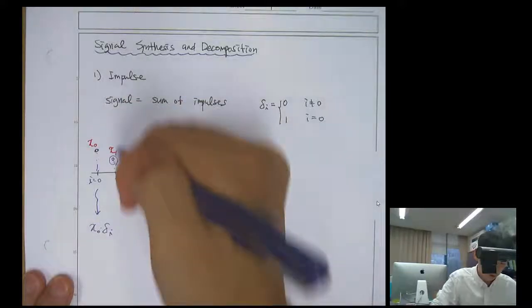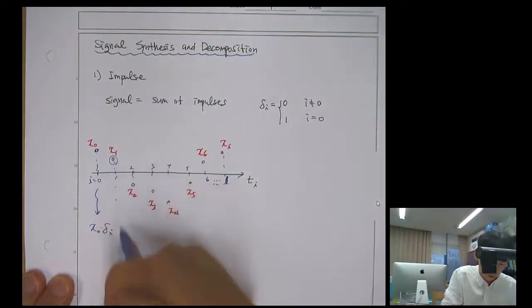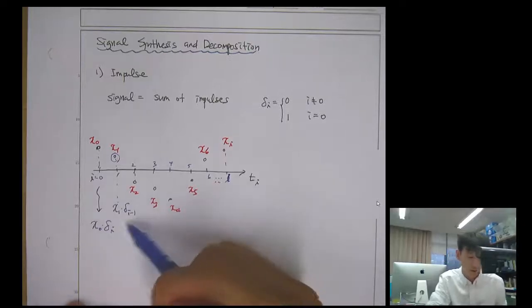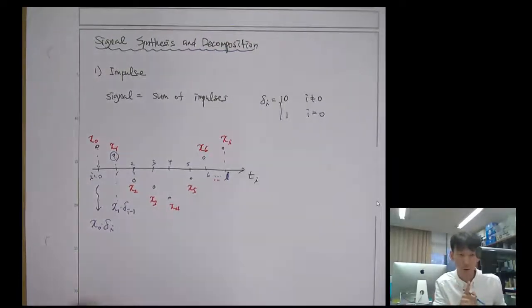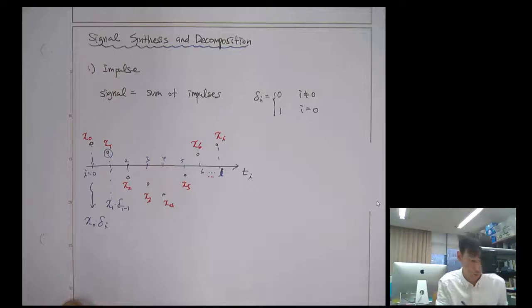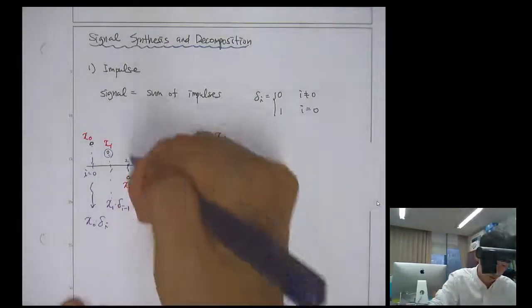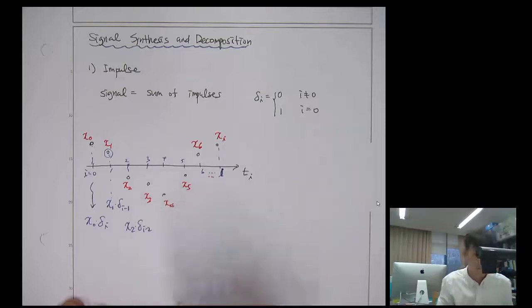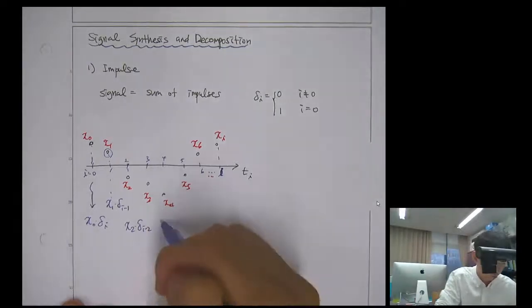This signal will be x1 times delta I minus 1. So that the impulse becomes 1, the value becomes 1 when I is 1. And this one will be what? x2 times delta I minus 2. And it can go on and on, right?